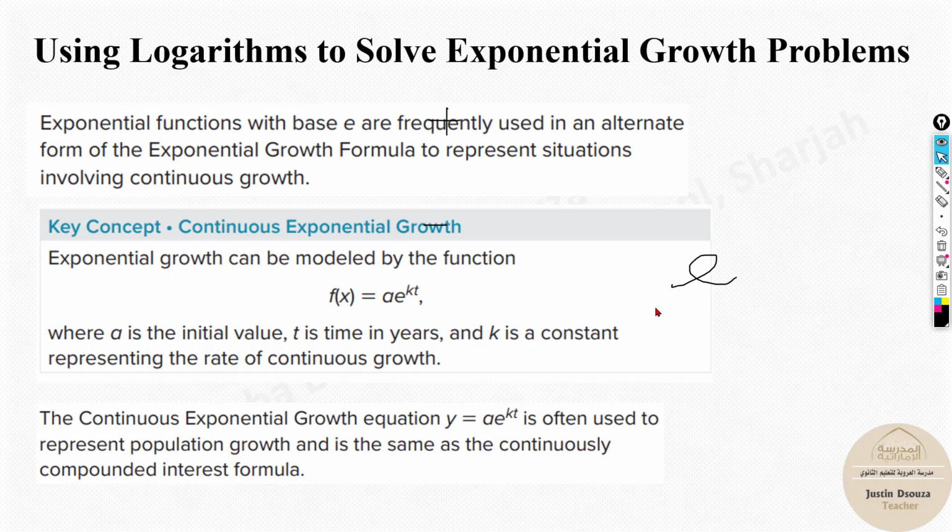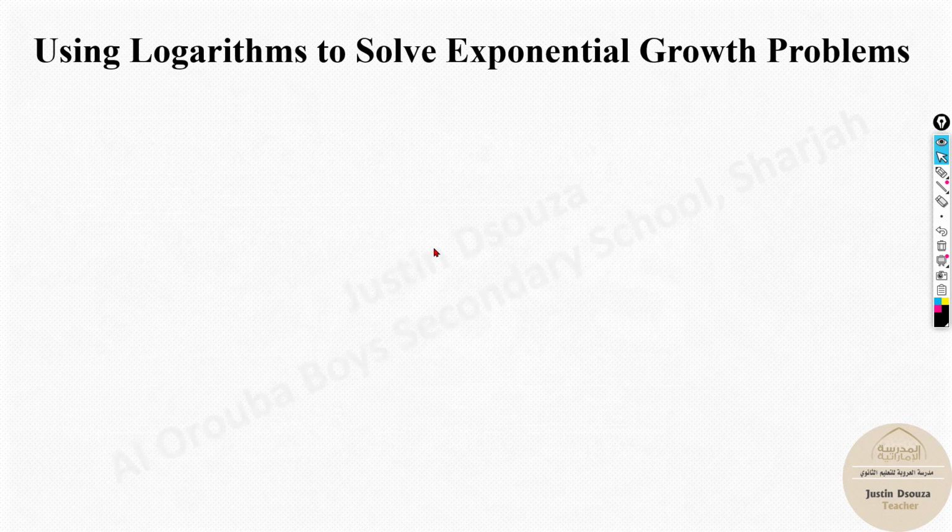So whenever something is happening continuously, you use this E function. If you have forgotten, please go to the previous videos where this was already explained about the compounding and everything. So this E will usually come when it's continuous, and now we are dealing with continuous exponential growths.